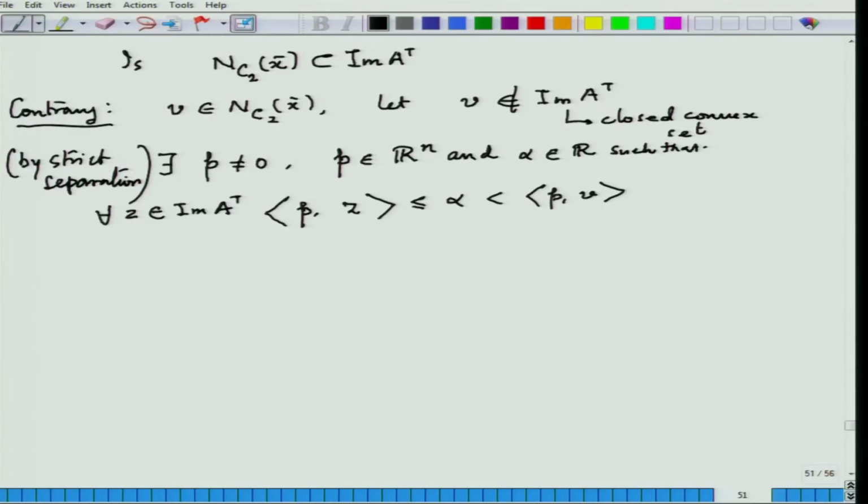Now, what I want to show from here is that P is an element of kernel of A. That is exactly what I want to show.